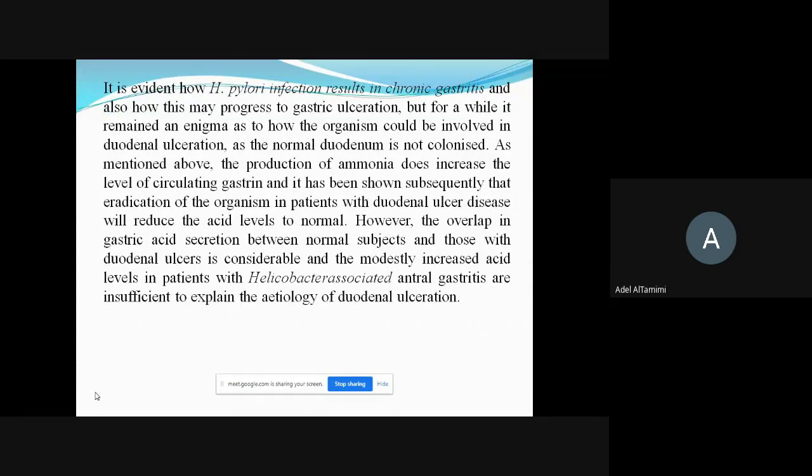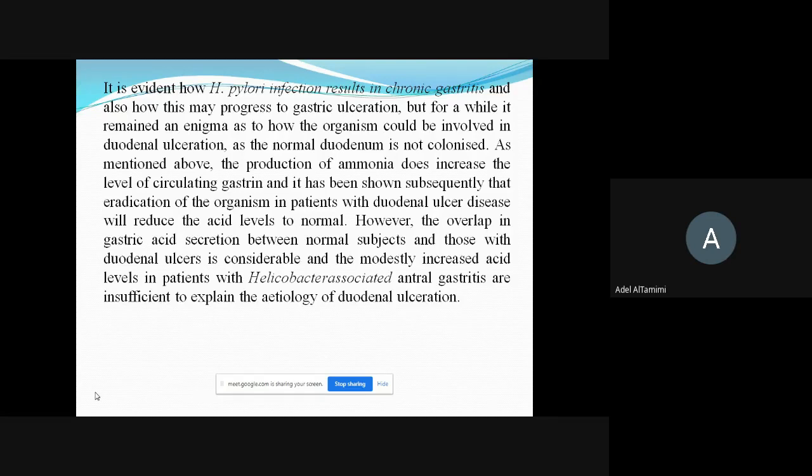However, the overlap of gastric acid secretion between normal subjects and those with duodenal ulceration is considerable, and increased acid level in patients with helicobacter associated antral gastritis is insufficient to explain the etiology of duodenal ulceration.